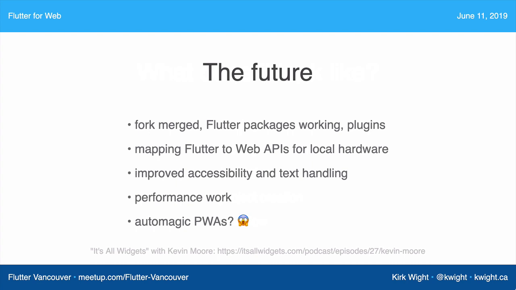And one thing mentioned by Kevin Moore, who I believe is a product manager for Dart, in a recent podcast, is that when we have the ability to control the output of our projects, as we do with Flutter for Web, there's no reason why we couldn't automatically prepare that output to be a valid PWA, a valid progressive web app. That in itself, to me, is very exciting for the future of Flutter for Web.